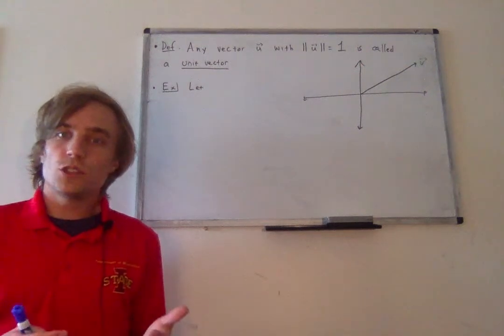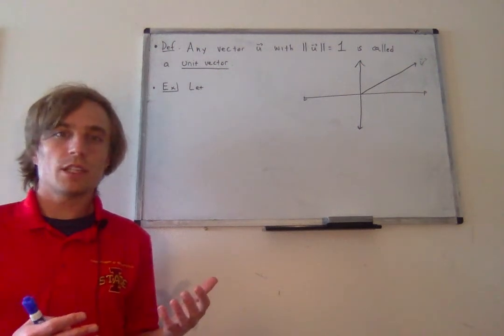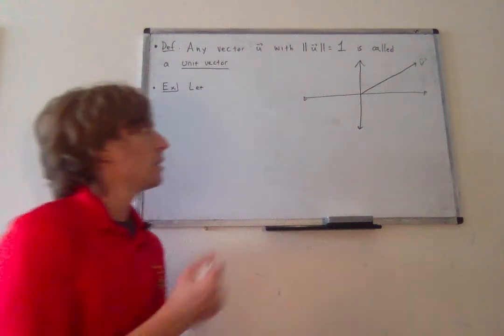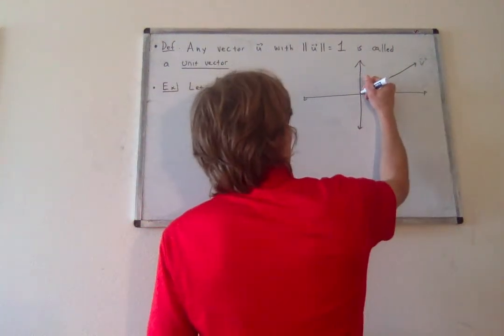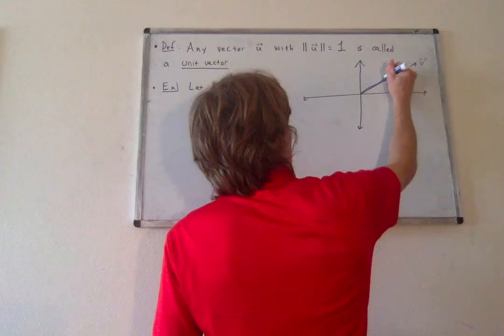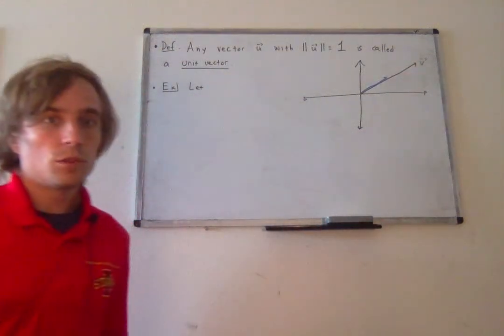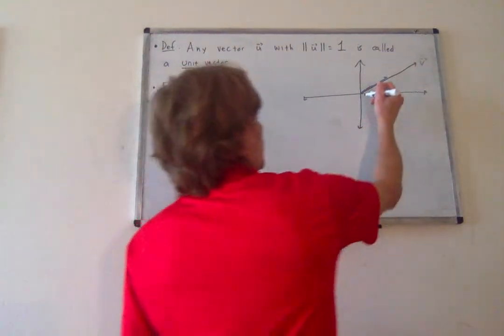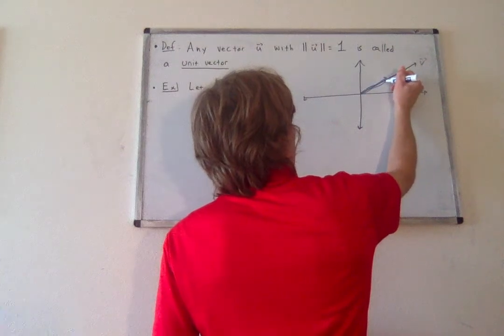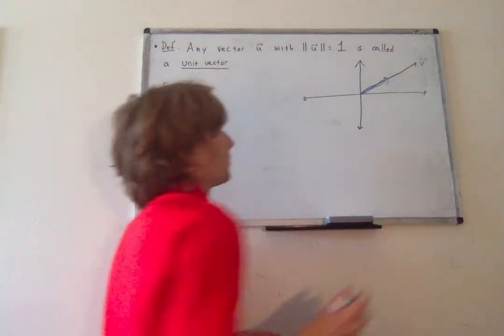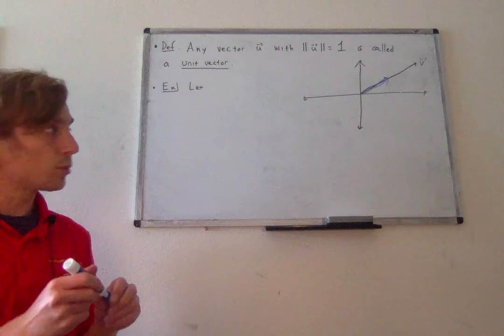Well, what we can always do geometrically, and I think this idea makes a lot of sense when you look at it geometrically, is find a vector of length 1 that is pointing in the same direction as v. Here, this blue vector of length 1, we would say is pointing in the same direction as v.